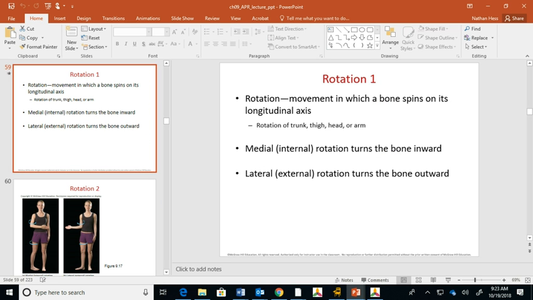Rotation. I said this doesn't have a pair, but actually rotation does. I only put rotation on this. You don't have to worry about which way is which. But let's take our shoulder, for example. It's easiest to see if we make our shoulders neutral and our elbows a little bit of flexion. Okay, we call this a 90-degree angle, right? Like this.